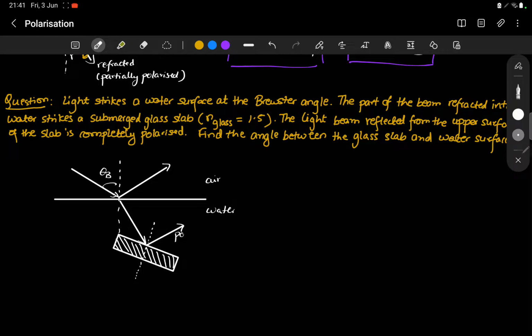So this ray is polarized, and then there will be some refraction into the glass medium, and then the ray will come out parallelly to the incident ray. This is the refracted inside the glass, and this comes out. So this is our diagram. In this, we are supposed to find out the following angle. Let me show which angle we want to find out.